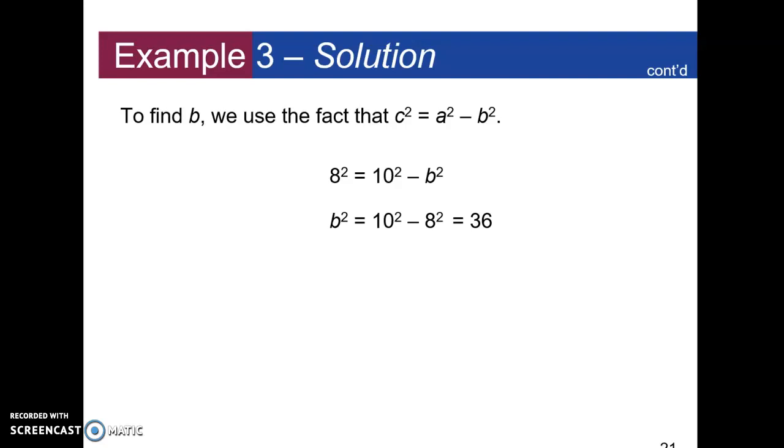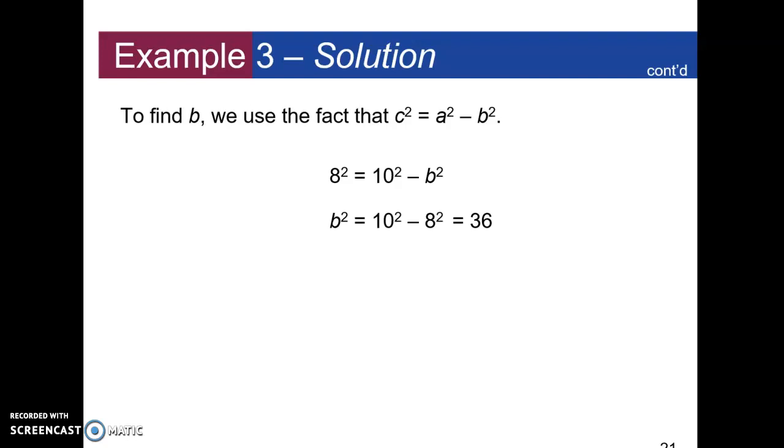X squared over B squared plus y squared over A squared is equal to 1. The reason why A squared and B squared are reversed is because this is a tall ellipse. The foci were on the vertical axis, so the A's are on the vertical axis, or vertices.